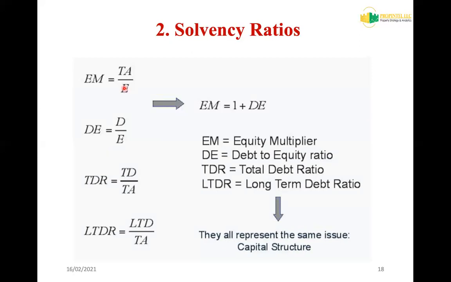Now, let's look at the second kind of solvency ratios we'll come across. This is the debt to equity ratio. The debt to equity ratio is similar to the debt to assets ratio in that it indicates how a company is funded, in this case, by debt.